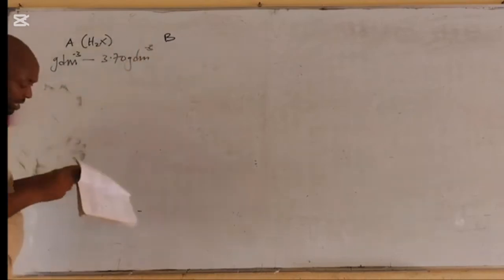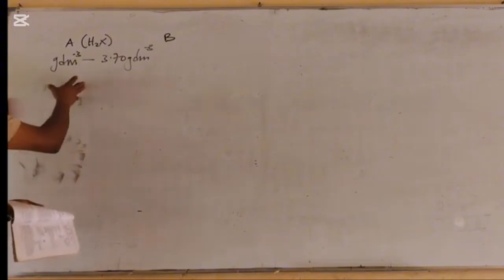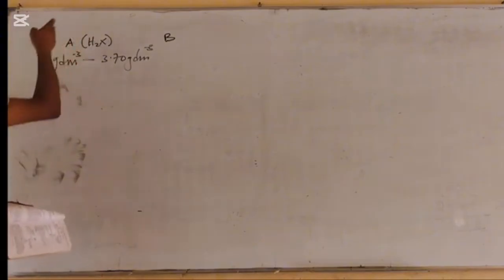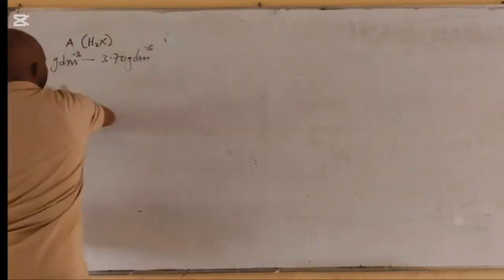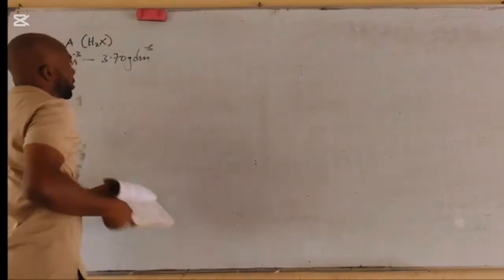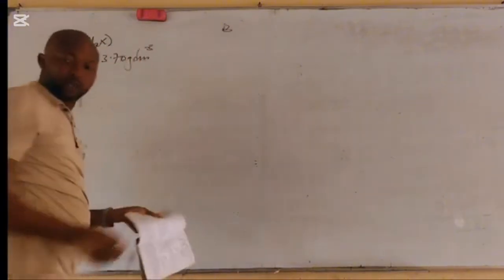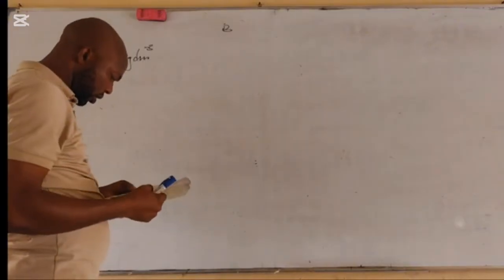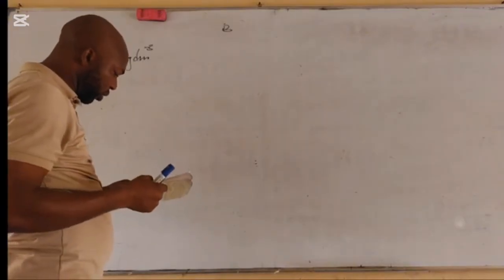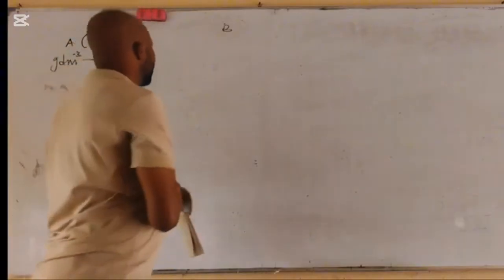What does that mean? That the g/dm³ is 3.70 means the mass concentration of the acid is 3.70. Let's take B a little bit out. So here is my B. We say that B contains 2.15 grams of sodium hydroxide.